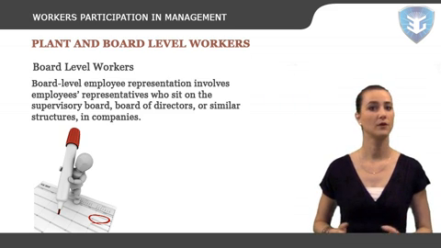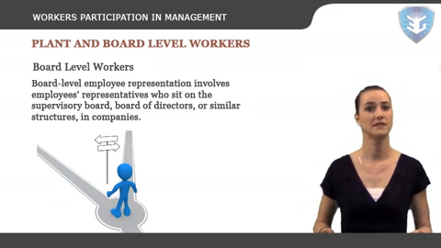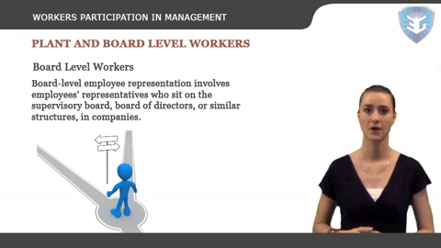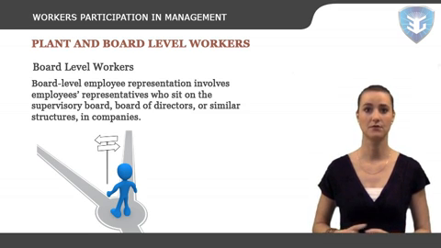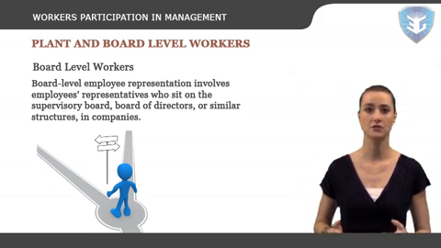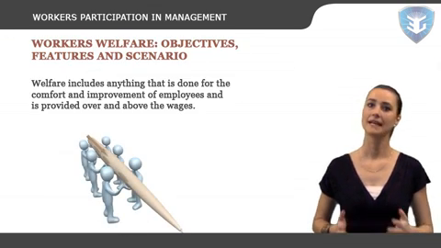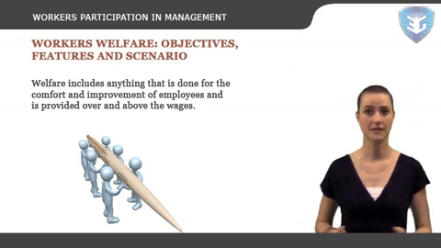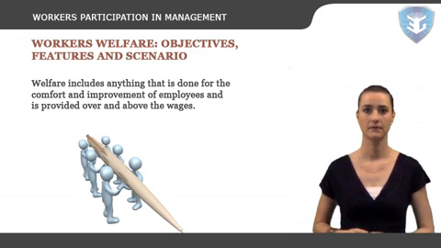The presence of employee representatives in the board-level structures of a company is an indirect or representational form of participation. Board-level representation also differs from other types of indirect participation, such as works councils, in that it attempts to provide employee input into overall company strategic decision-making rather than focusing on information and consultation on day-to-day operational matters at the workforce. Let's now discuss the objectives, features, and scenario of workers' welfare.